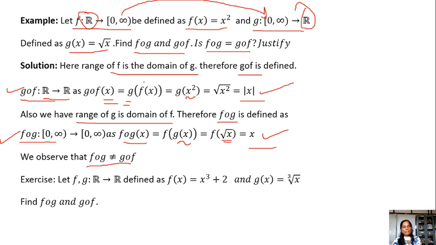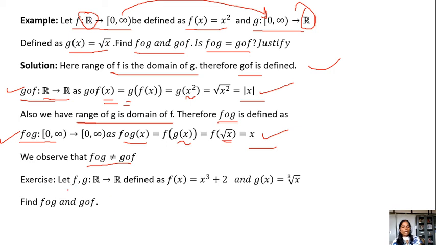So remember how to find f composite g and g composite f. For that, this condition is very important. If range of f is contained in the domain of g, then you can define g composite f. And if range of g is contained in the domain of f, in that case you can define f composite g. I am giving you one exercise to find composition mapping.